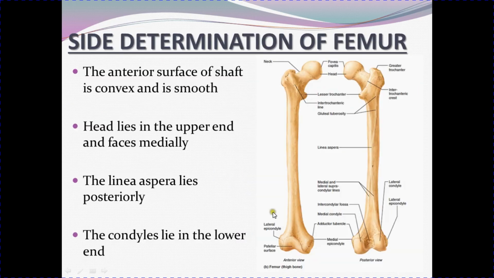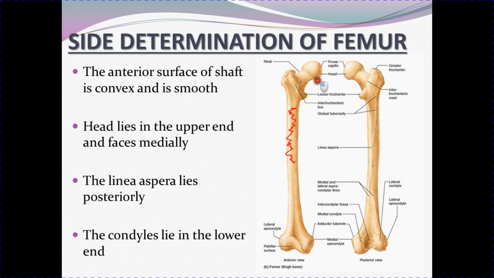The side determination of femur is very easy. You have to remember few points for side determination. The first and important is the anterior surface of the shaft of the femur is convex and is smooth.